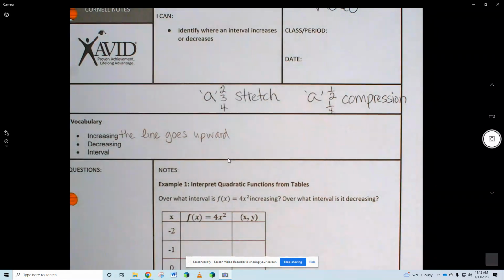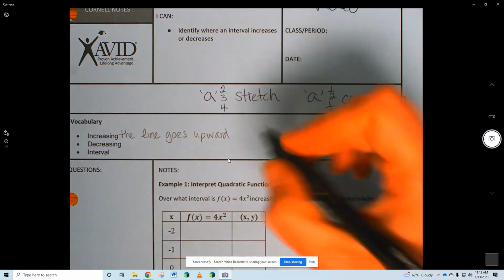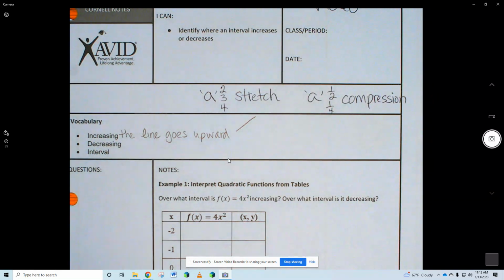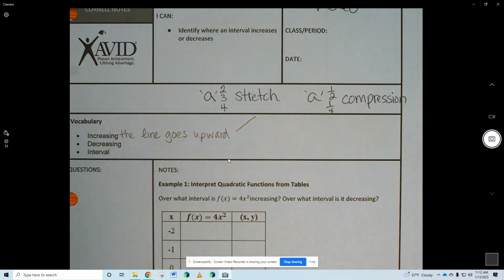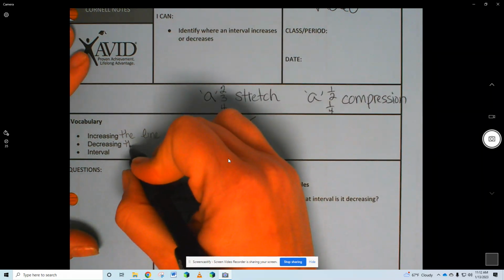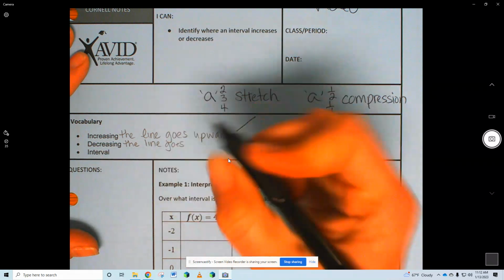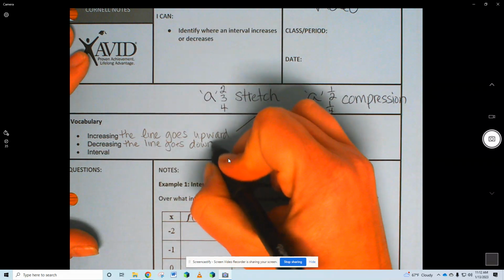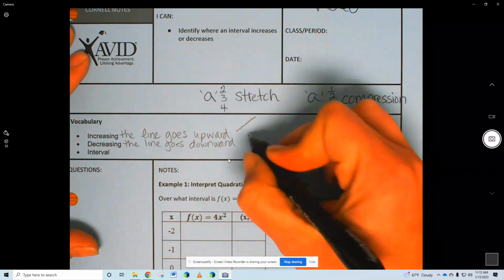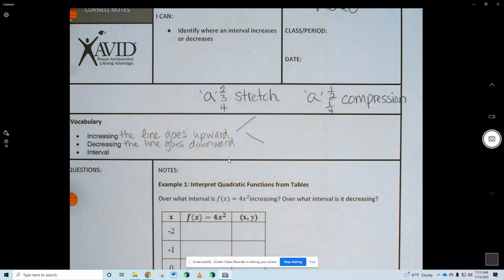Okay, so the line goes upward, and that's this direction, looking from left to right. Decreasing is going to be the line goes downward. And the direction is that way, downward.